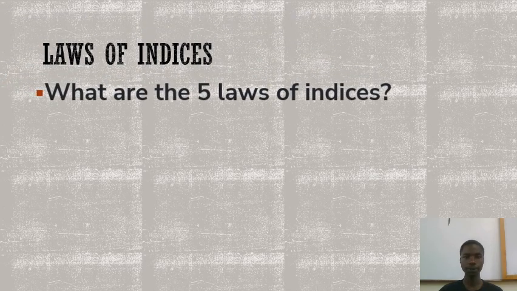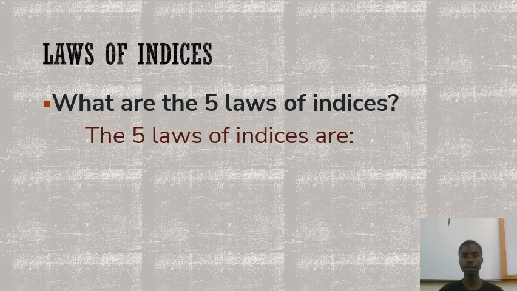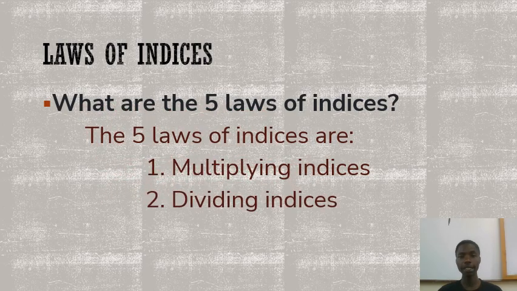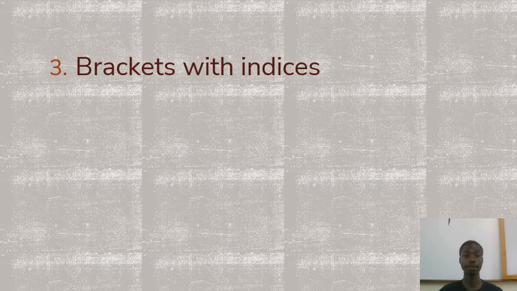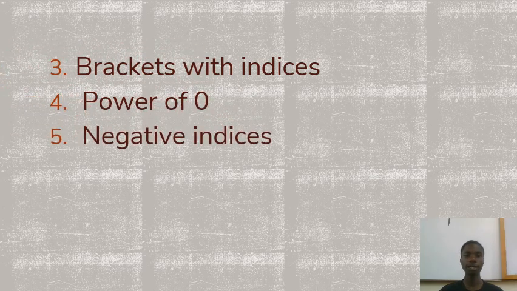Now, let's begin on the laws of indices, our main topic of the lesson. What are the 5 laws of indices? We have multiplying indices, dividing indices, brackets with indices, power of 0 indices, and negative indices.